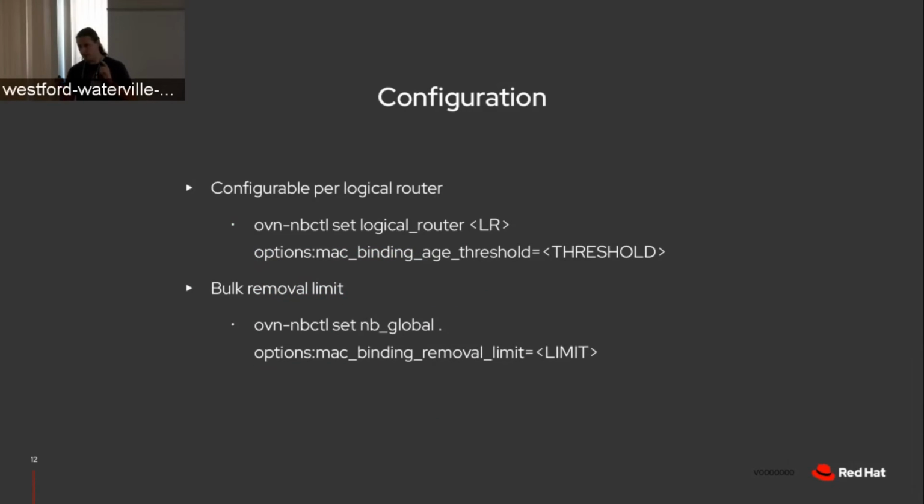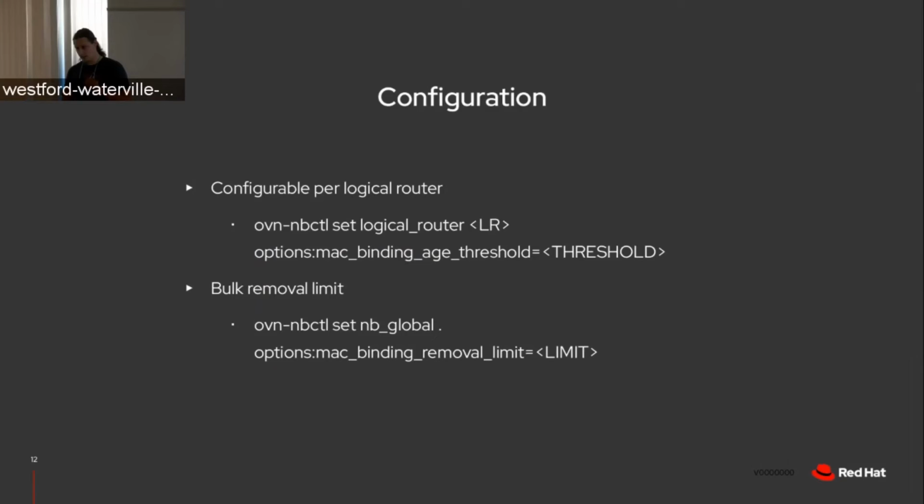So basically what we did, there are two important things, right? The first one is the configuration: you can configure the MAC binding aging, and we didn't stop at that.